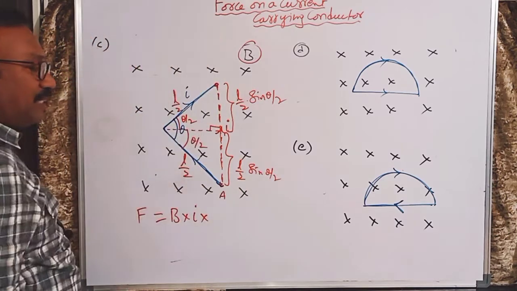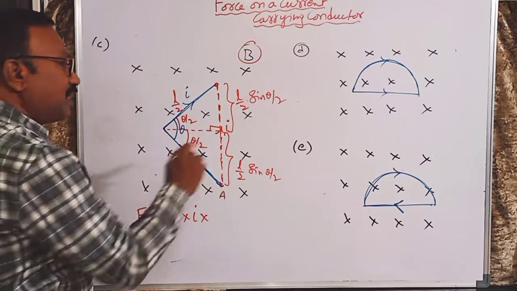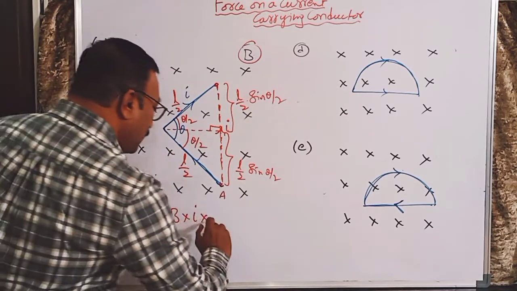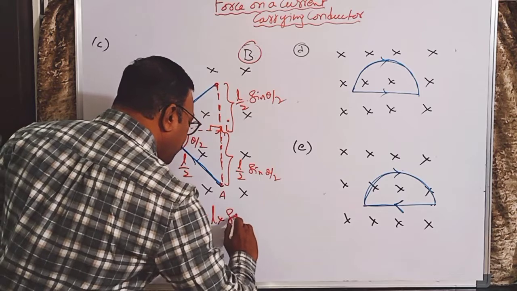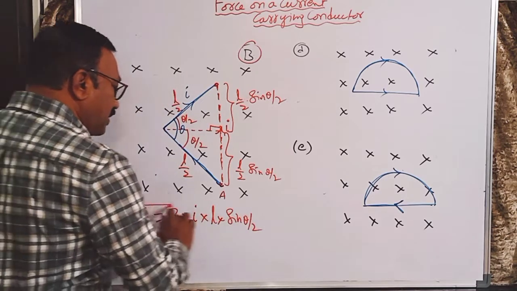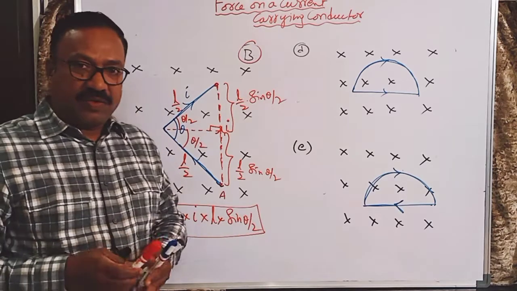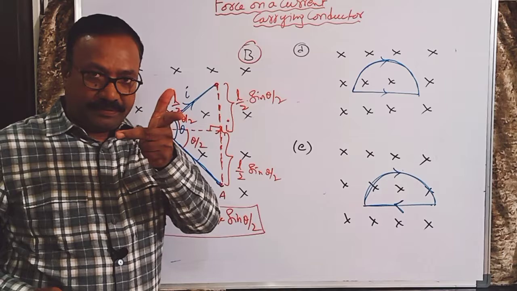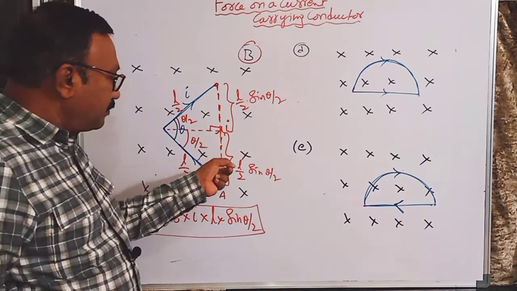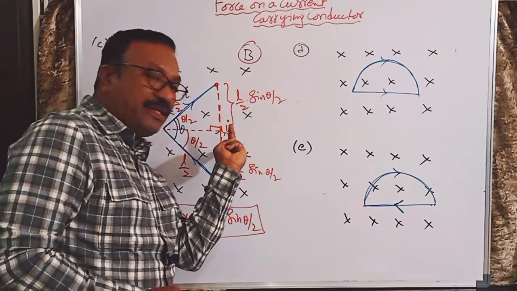What is the total length I have to take now? L by 2 sine theta by 2 plus L by 2 sine theta by 2. That is 2 times L by 2 sine theta by 2. That is L into sine theta by 2. So this is the force acting on this wire. In which direction will the force act? Magnetic field is inward. An imaginary current is flowing like this, upwards.